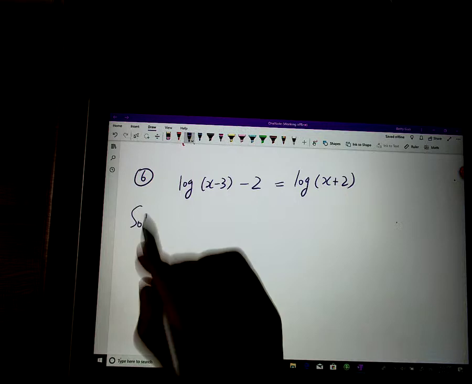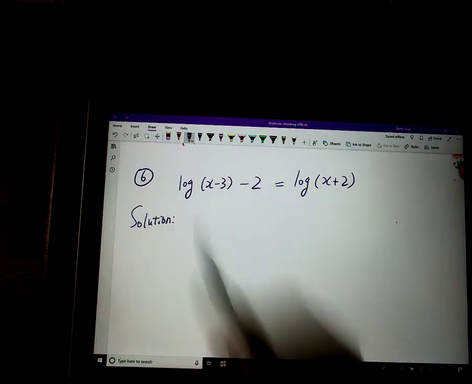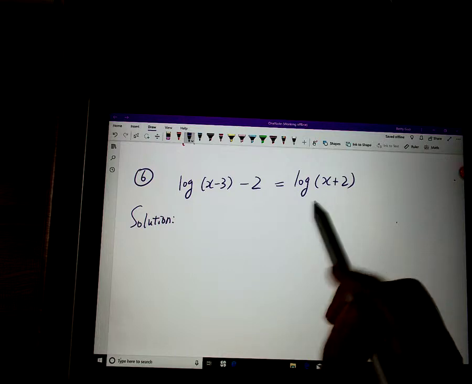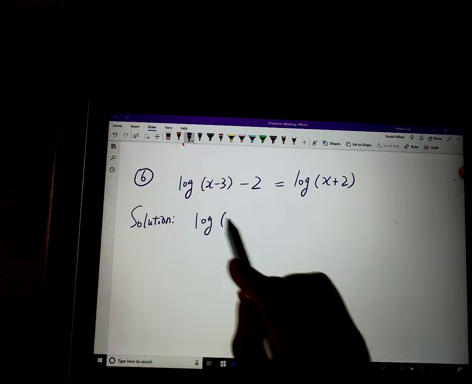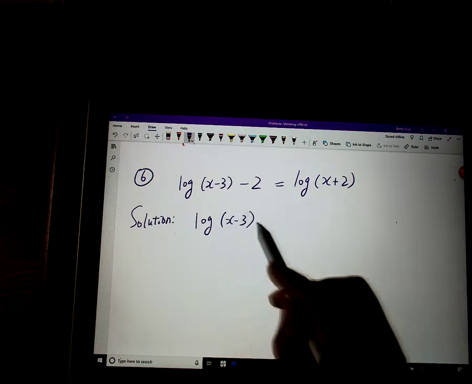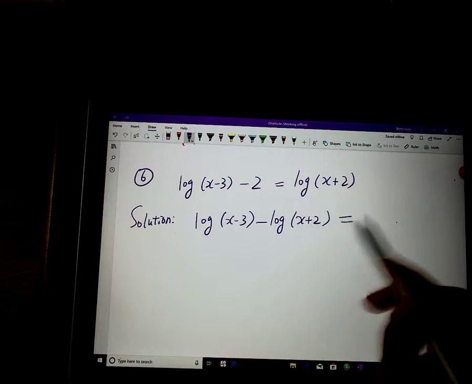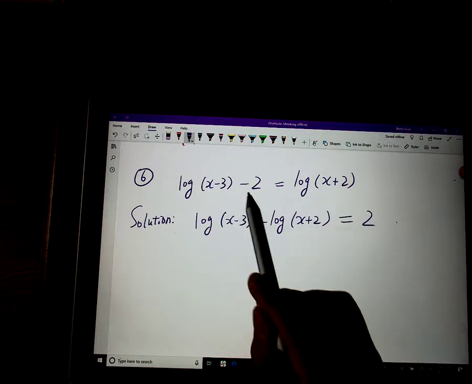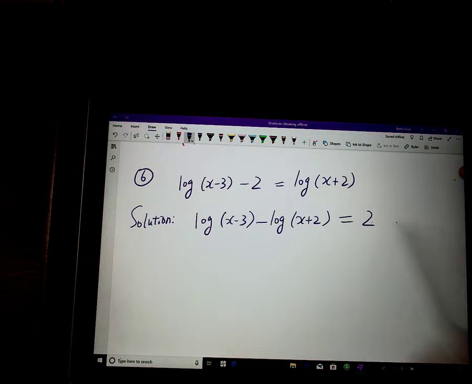Firstly, I move the 2 common logarithms to the same side. Common logarithm of x minus 3 minus common logarithm of x plus 2 equals 2. I move negative 2 over. On the right-hand side, we have positive 2.